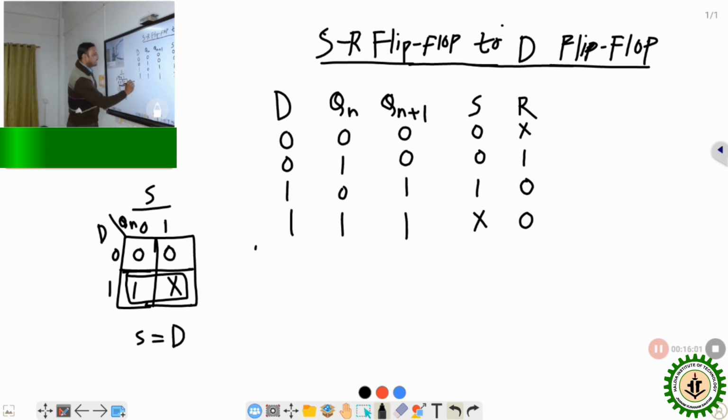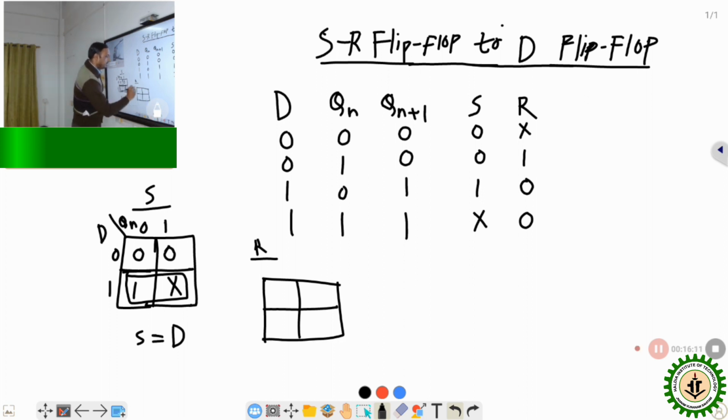What will happen for the case of R? Don't care 1 0 0.